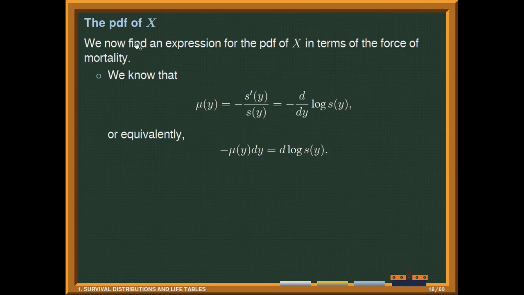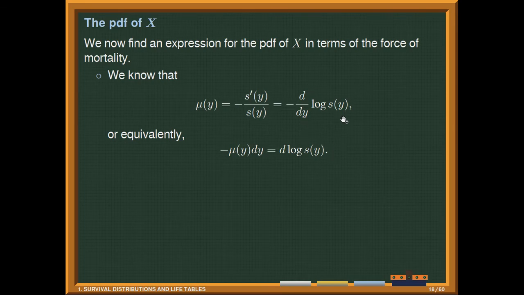Now, what we want to do next is to find an expression for the PDF of x in terms of the force of mortality. We know this already from the previous slide. The force of mortality of y is the same as the negative derivative of log of s of y with respect to y.